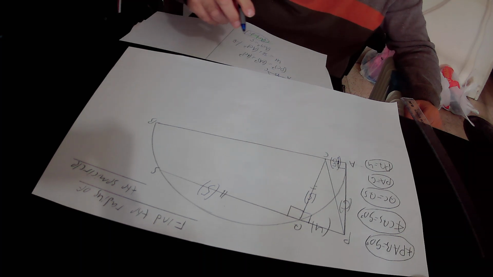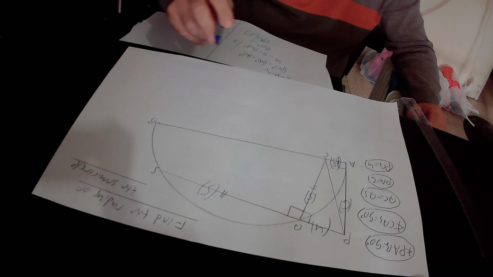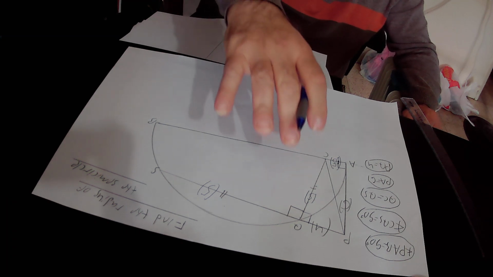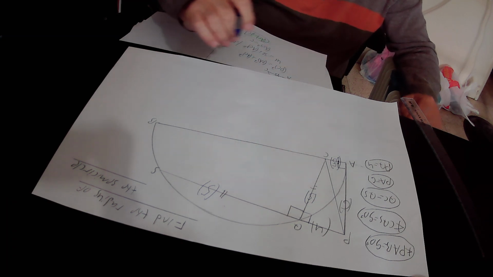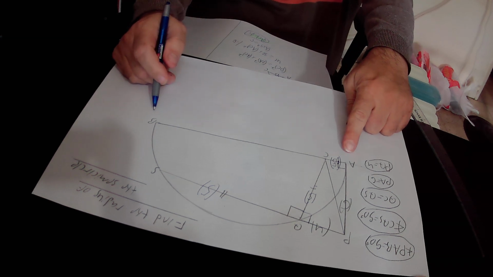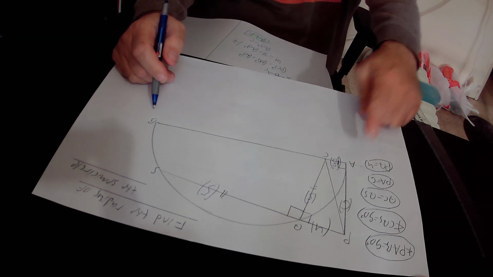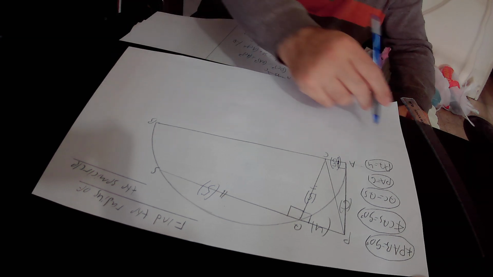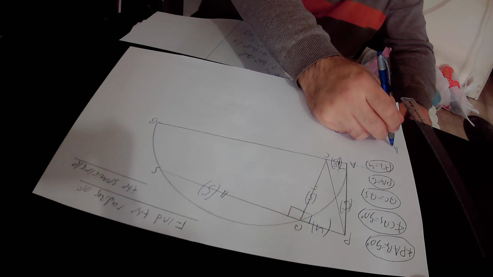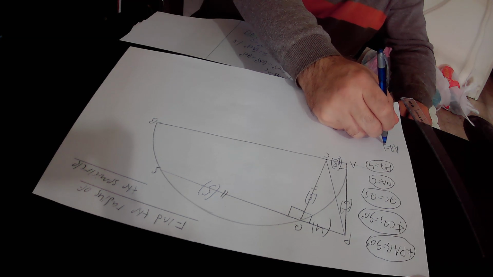But first of all, because this is a semicircle, AB must be the diameter of the semicircle. So I'm writing down that AB must be the diameter of this semicircle.